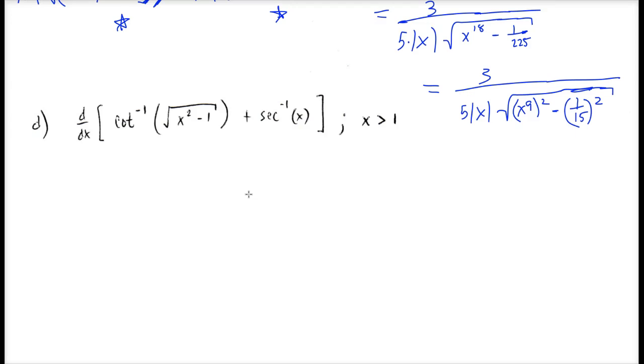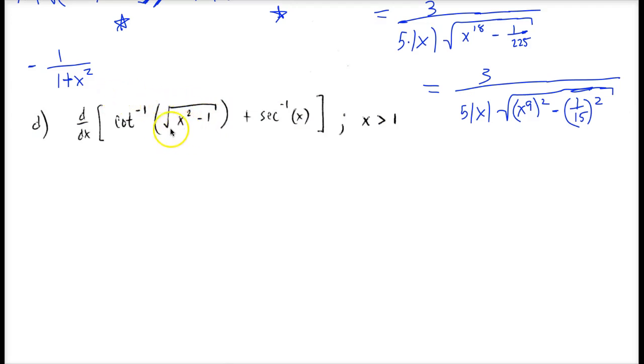So again, for cotangent, we know that the derivative of cotangent inverse is just going to be the negative of the derivative of tangent inverse, which is negative 1 over 1 plus x squared. Of course, everywhere we see x in the derivative of cotangent inverse, we're going to replace that with square root of x squared minus 1.